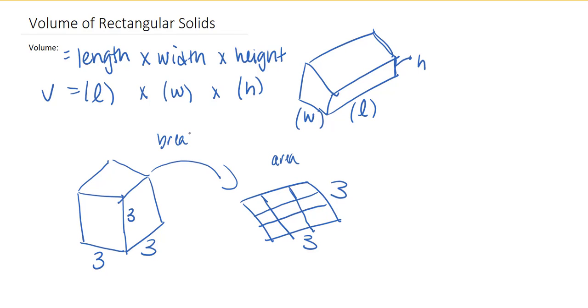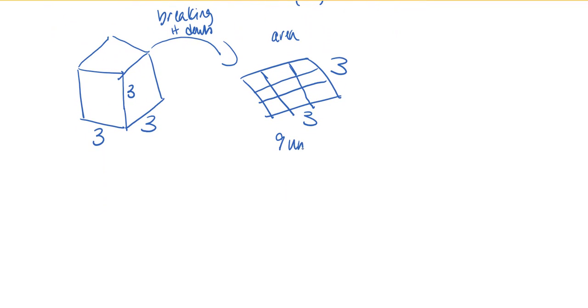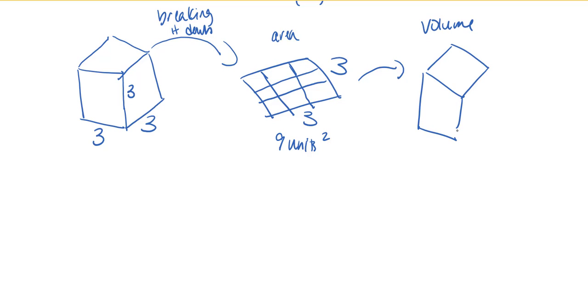So we're going to say we're breaking it down. Well, if area is equal to 9 units squared, what happens with volume, right? If it's a cube, so it's 3 by 3 by 3.